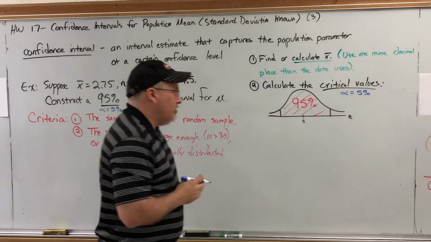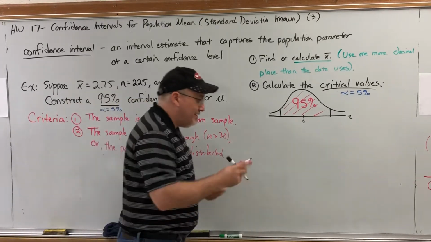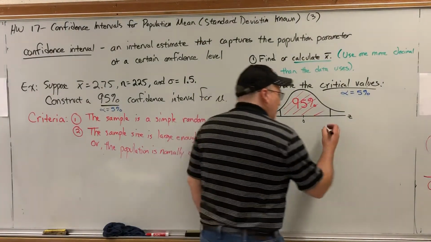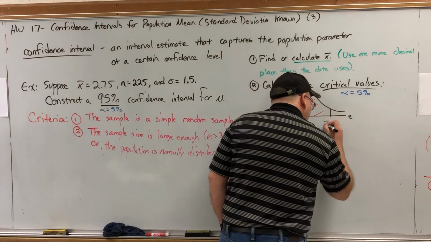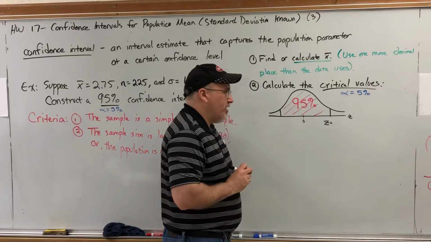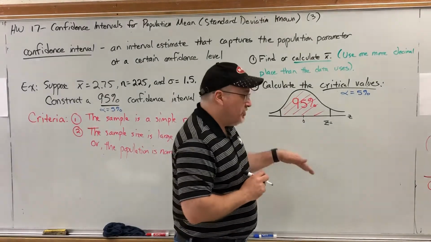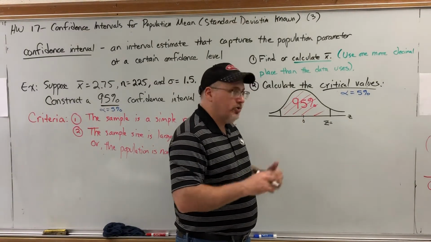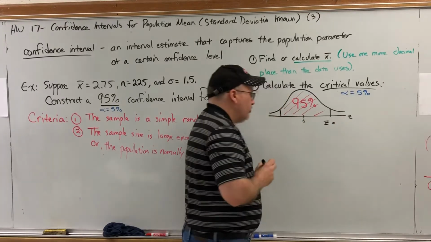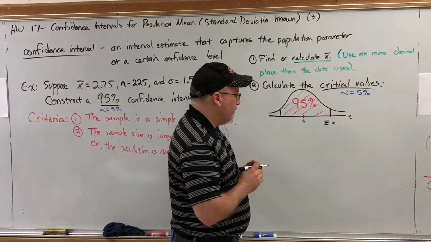Now, how are we going to use all this information to locate the critical value, locate the z's that cut off the middle 95%? Well, let's think about this one over here. In the previous video, I showed you notation where z was subscripted with a number. The subscript represented the area to the right of z. So what percent of the area is over here to the right of this z?